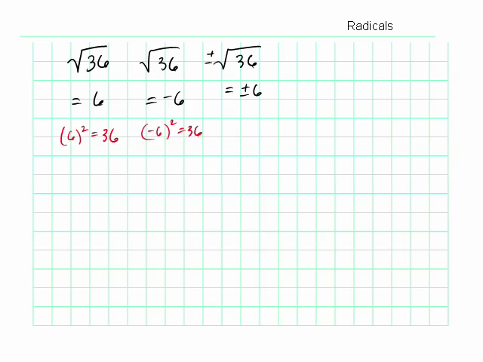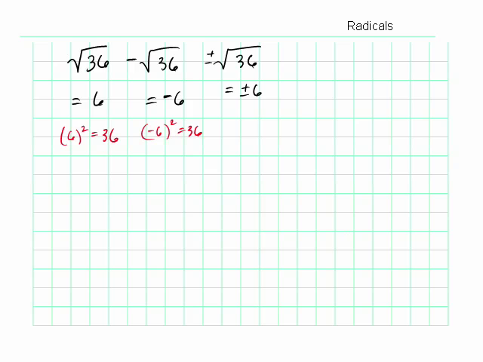If they want the negative answer, they will put a negative sign in the front, right there, and then I give them the answer negative 6. If they want the positive answer, then this is like the first one here. They're not going to put a plus sign, they'll just leave it blank. And our answer is positive 6.